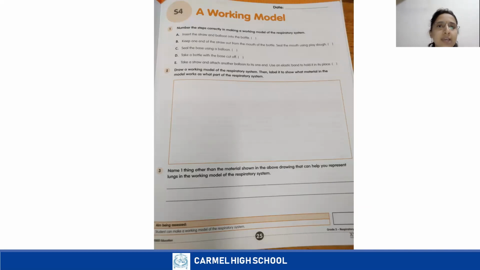They have given us A, B, C, D, E. And at the last, they have given us the brackets. In the brackets, you have to write 1, 2, 3, 4, 5 stepwise. Okay. I will read the question. A is insert the straw and balloon into the bottle. Then keep one end of the straw out of the mouth of the bottle.